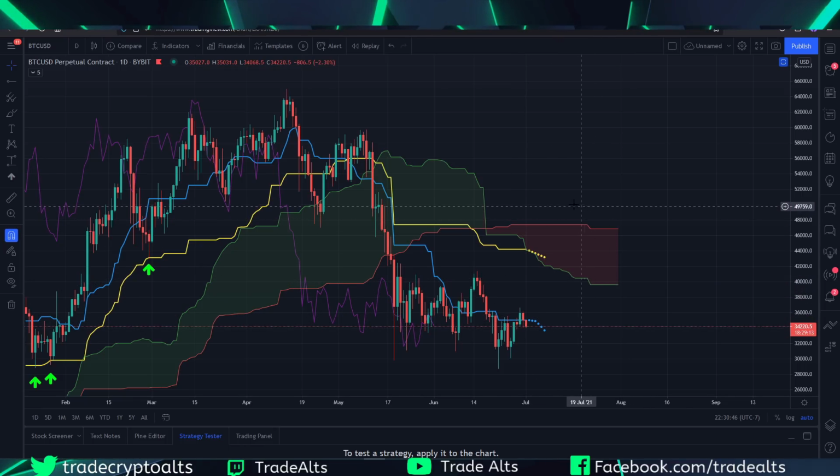And you have this portion of the indicator, which is the Senkou span A, which is now on the bottom because the cloud is bearish, and Senkou span B. These are forecasted out in front of you a month ahead, so literally 30 candles ahead. That's telling you future support and resistance levels. So if price does come back up to these, you're going to be ready to react and to monitor how price interacts with these specific levels.